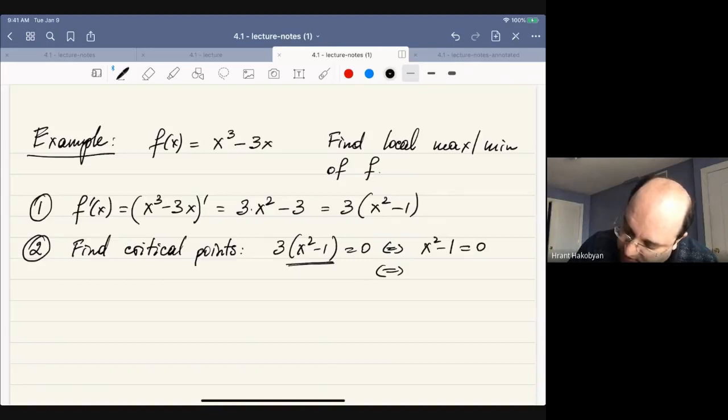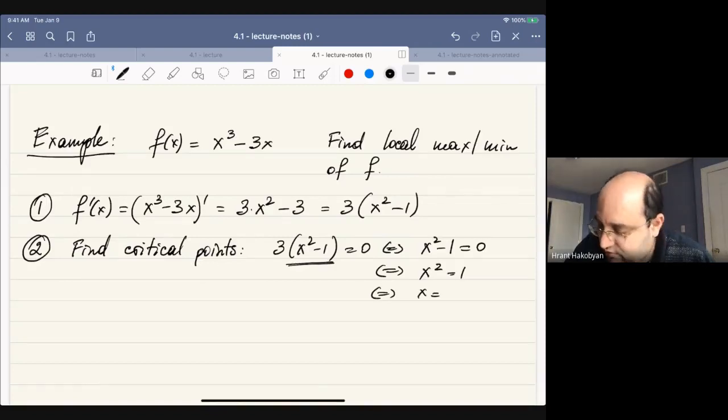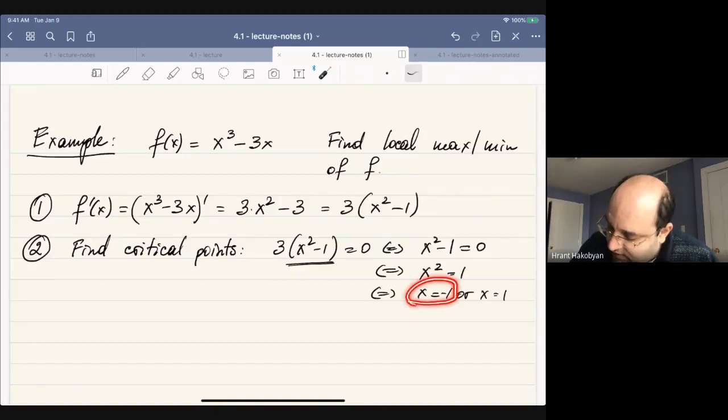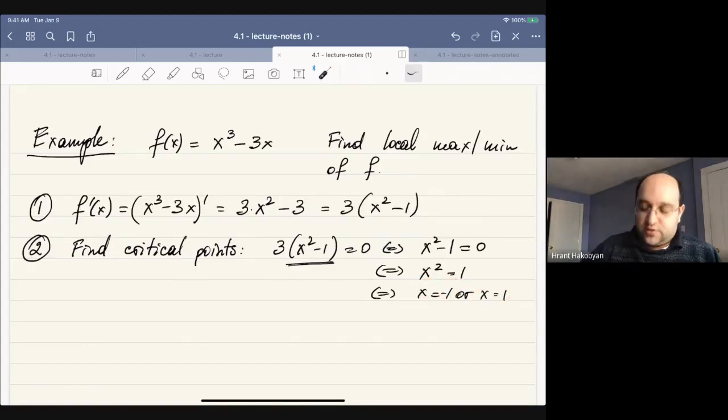I can write it different ways. One way is that x squared is equal to 1. So that means x equals plus or minus 1, x equals negative 1 or x equals plus 1. Okay, so I have two solutions, x equals negative 1 and x equals 1.